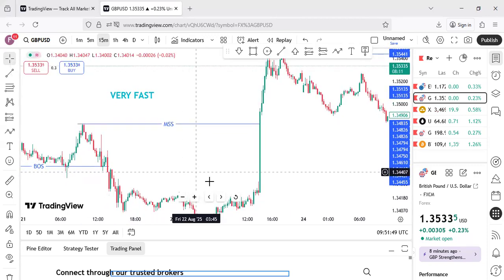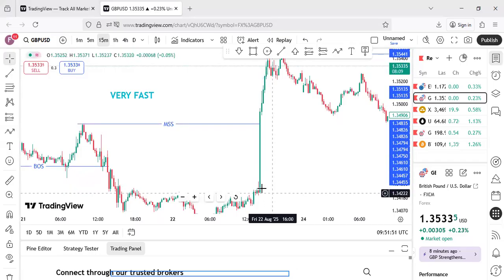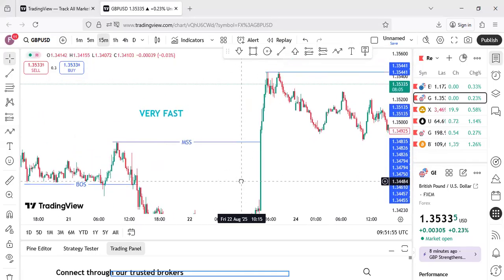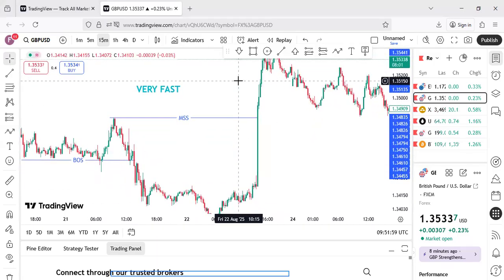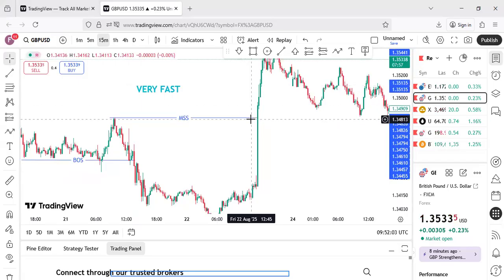Price moves very fast in a particular direction like this, leaving little or no trading activities.